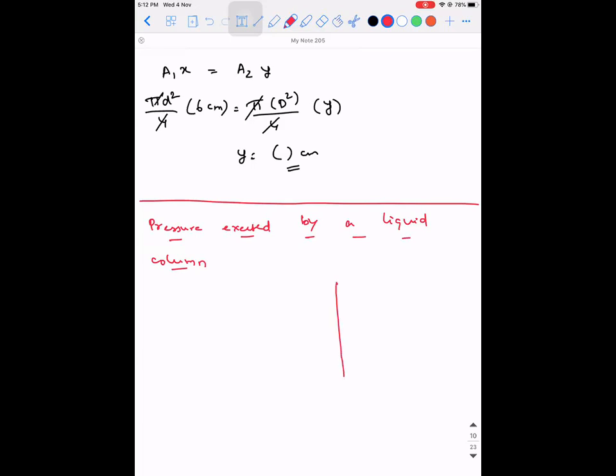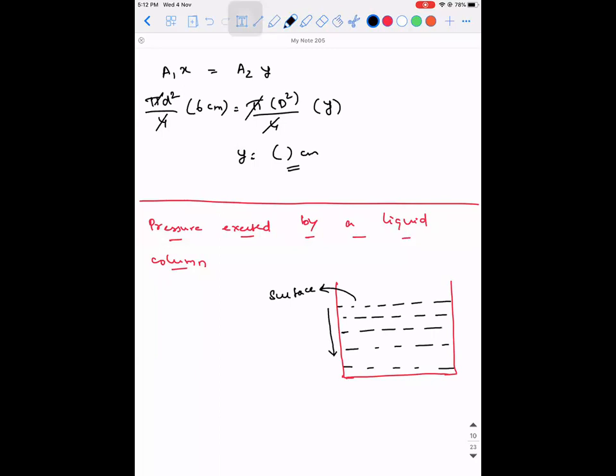So what does it actually mean? Suppose I have a container like this. Let's say it is filled with a liquid. This is called the surface of the liquid. From the surface of the liquid, as you keep moving down, observe.